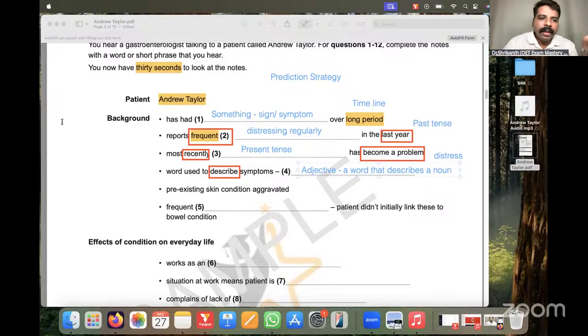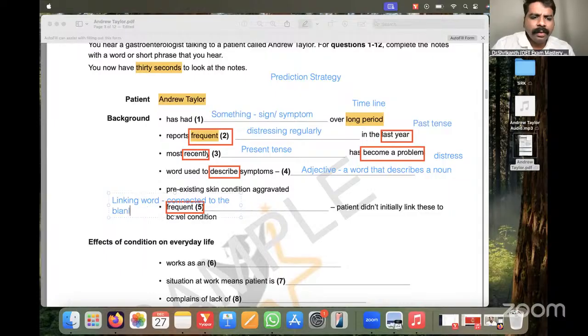Right. Now let's come to the fifth question. Frequent dash. Now see, the word that is very near to the blank over here is what we call a linking word. Right. What's a linking word? Linking words are the words that are directly connected to the blank. Right.